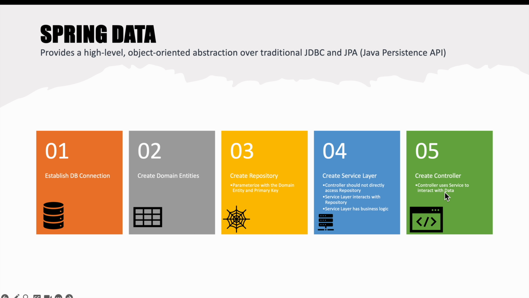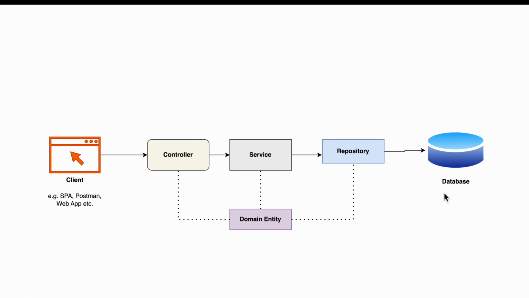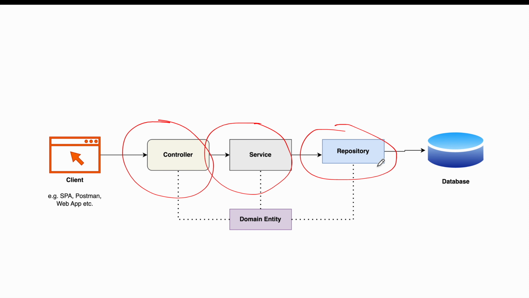I think we did not do a get, but I can quickly show you how you can do a get also. When there is an interaction, the first point is the controller, which will call the service, which will call the repository, and the repository is going to fetch the data for us, and this is very, very abstracted from us.